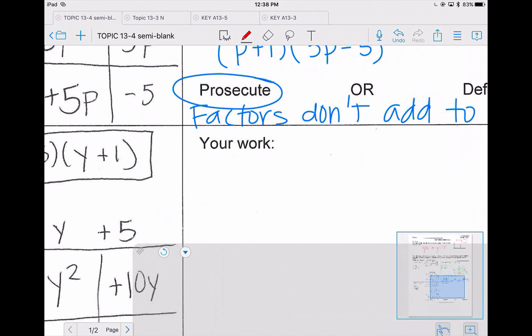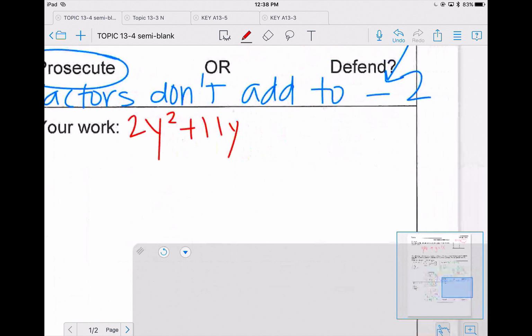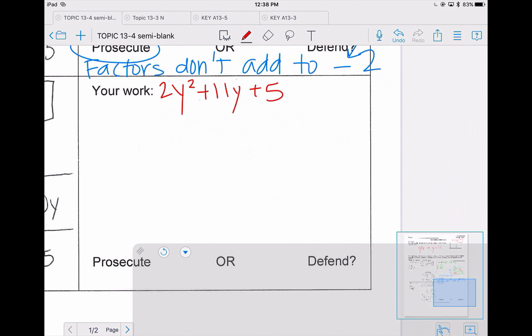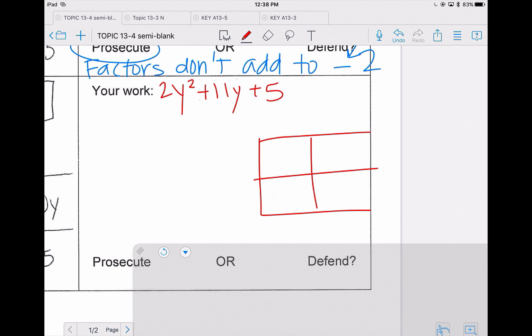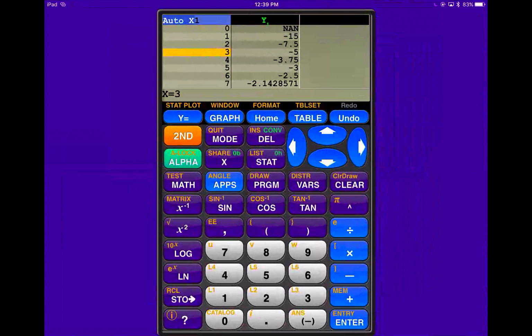Problem 2, we have 2y squared plus 11y plus 5. So I'll use my box, and I'm trying not to peek at their work because I want to see what I get and then compare. So 2y squared plus 5. My product is 10y squared. My sum is 11y. So I'm looking for two numbers that would multiply to 10 and add to 11. 10 plus 1 would get me 11.